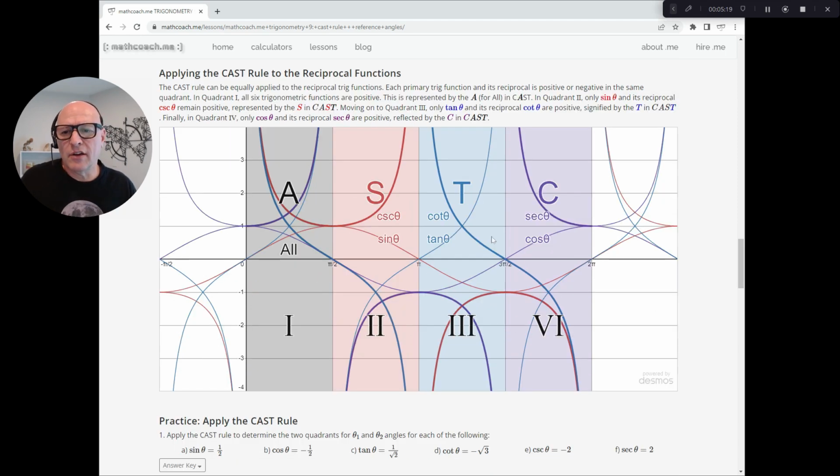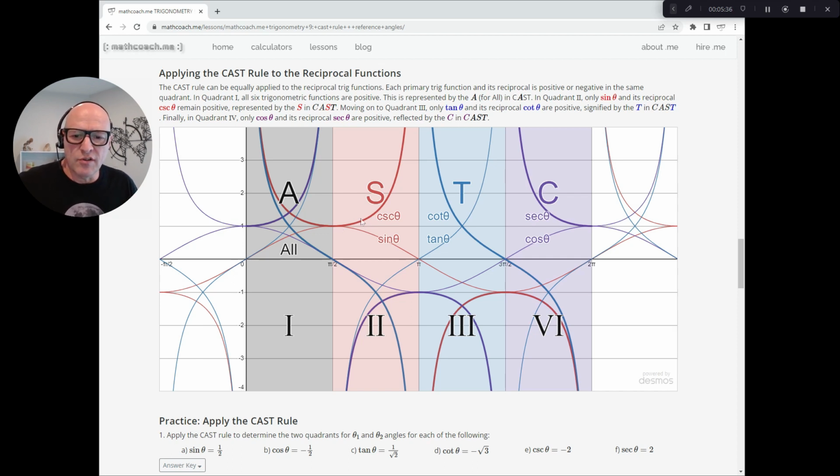This Desmos calculator shows that the cast rule also applies to the reciprocal functions. So wherever the sine function is positive in quadrants 1 and 2, its reciprocal cosecant is positive in those same quadrants 1 and 2.